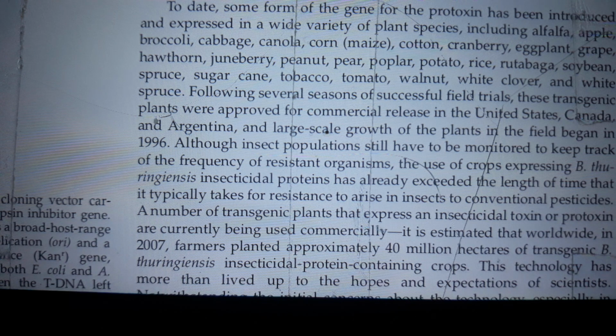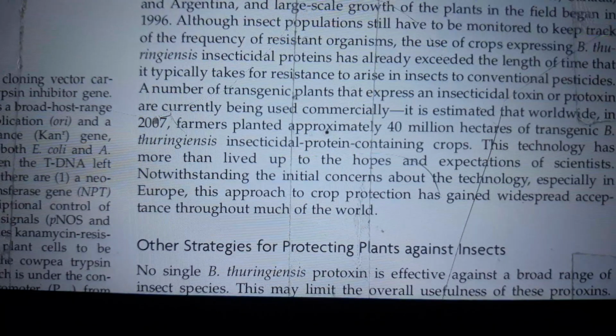Following several seasons of successful field trials, these transgenic plants were approved for commercial release in the United States, Canada, and Argentina, and large-scale growth of the plants in the field began in 1996. Although insect populations still have to be monitored to keep track of the frequency of resistant organisms, the use of crops expressing B. thuringiensis insecticidal proteins has already exceeded the length of time that it typically takes for resistance to arise in insects to conventional pesticides.